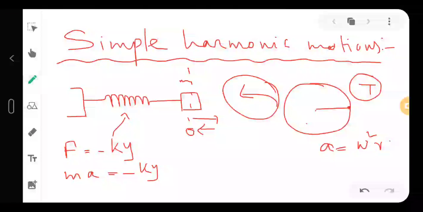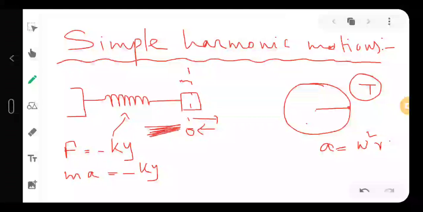For the spring system, no such thing is there; centripetal force is not here, there is no such concept here. But we are trying to compare this circular motion with our spring system, so we are taking help of that concept.